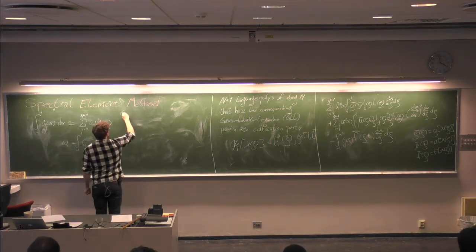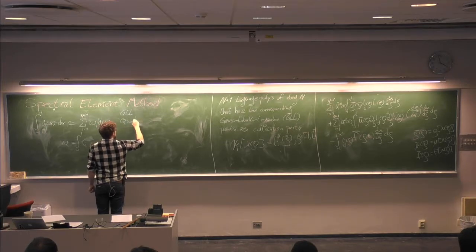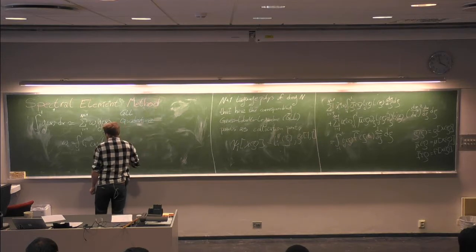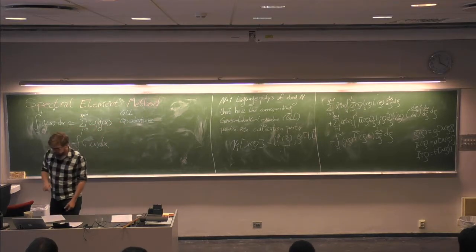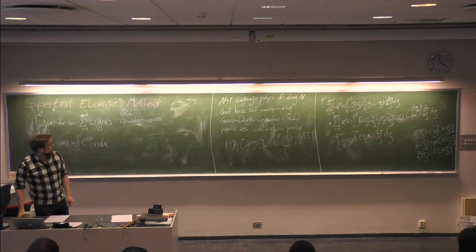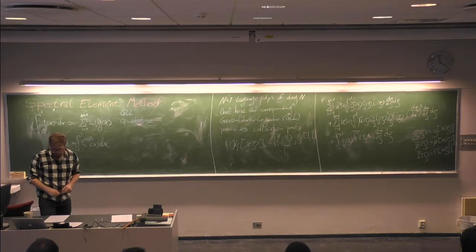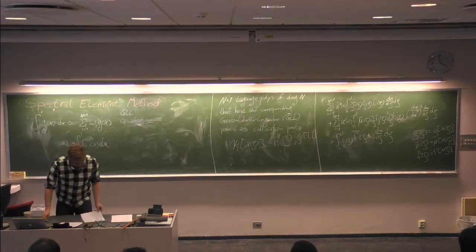Now we're using the GLL points, so this is called GLL quadrature. So what do you think happens when we introduce this approximation into our integral? Well, it becomes a lot easier.